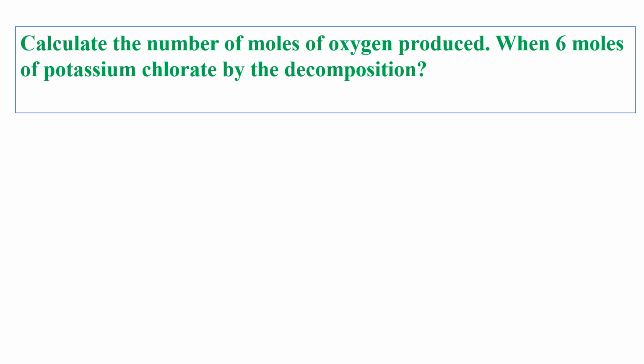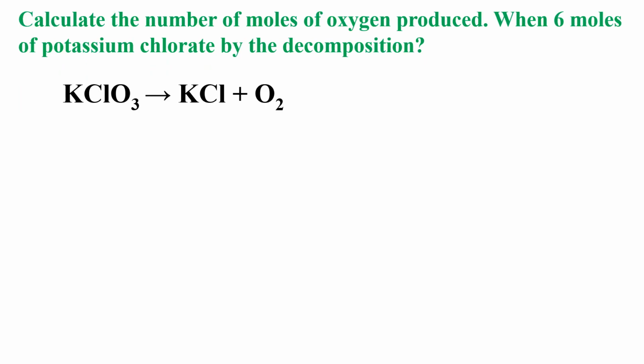Here, it is a relation between moles and moles. When 6 moles of potassium chlorate, the chemical formula of potassium chlorate is KClO3. First write the chemical equation involved in this question.